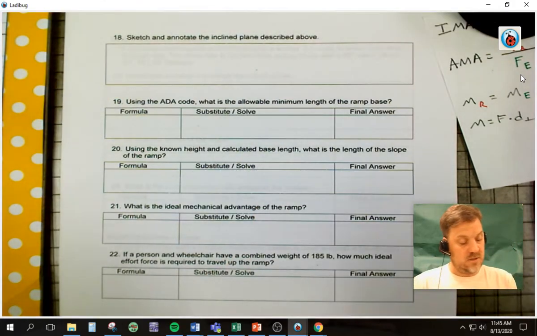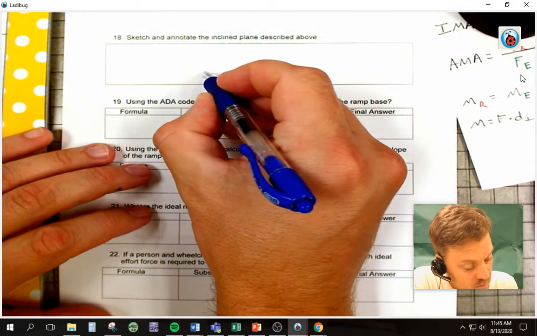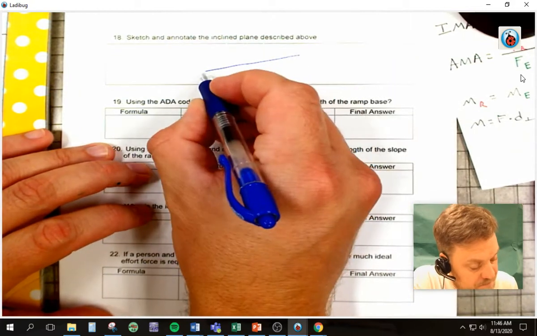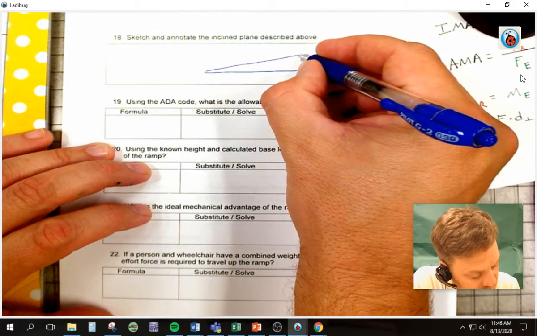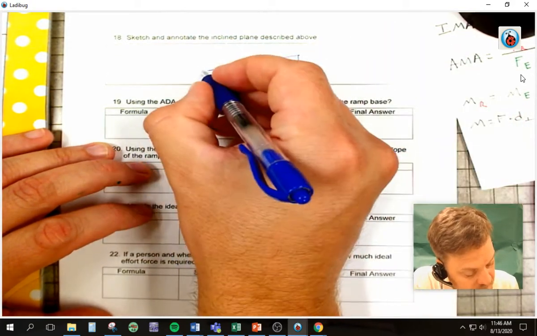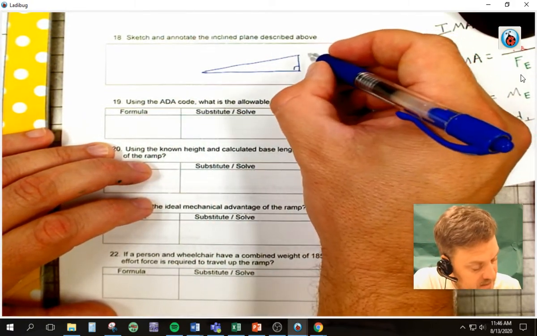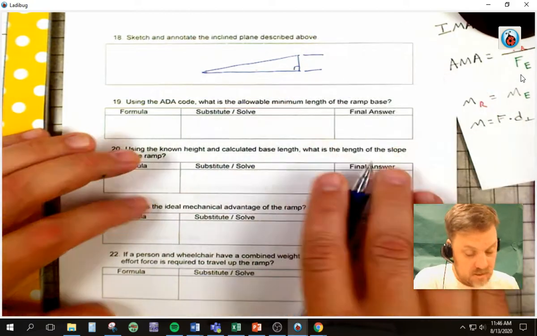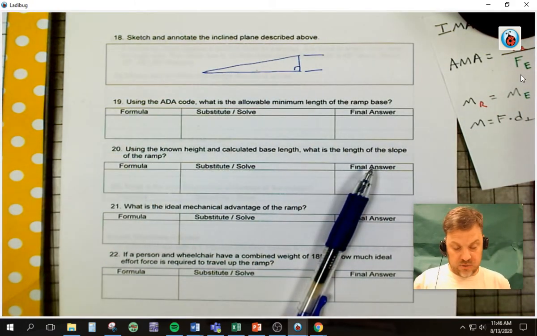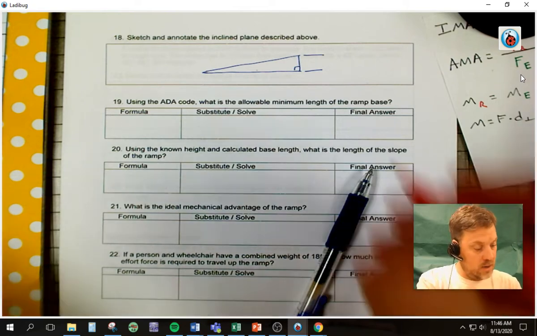All right, so let's get us a little ramp going here, an inclined plane, something like that. That's going to be a right angle. And we have 2 feet here. So remember, 2 feet. That's how far we need to go up.